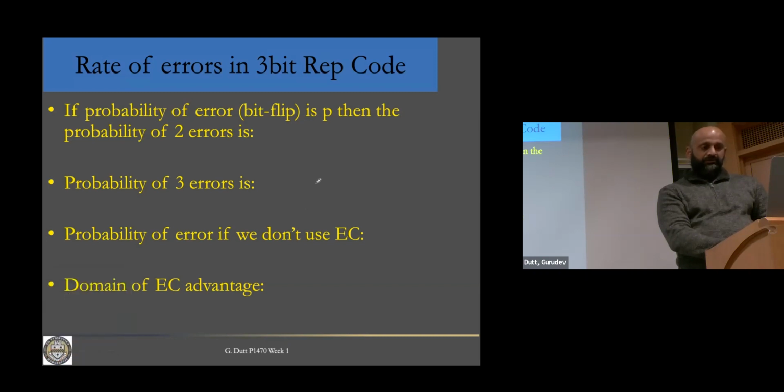If I have a probability of 1 error being P. Yes, one of you, either one. PQ, very good, excellent. Sorry, PQ. And if the probability of error is P, then what's the probability of 3 errors?